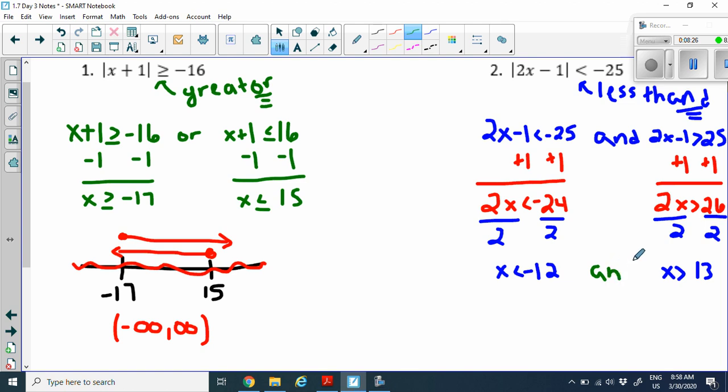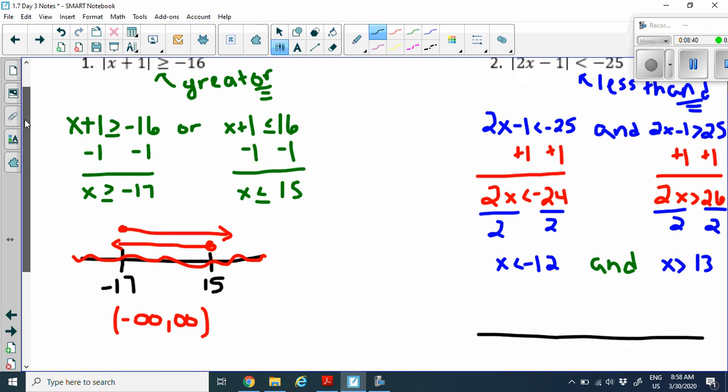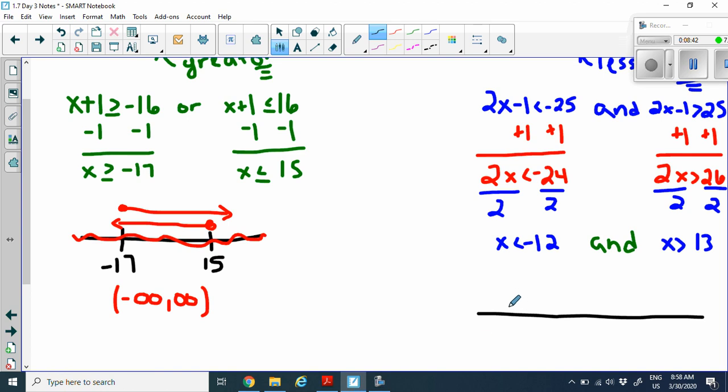Okay, so let's see what is happening here with the shading, right? Because we do have a special case here. We have an and, and it's to a negative value, -25. Okay, I'm going to put my numbers on my number line. So I have -12, and I have 13.